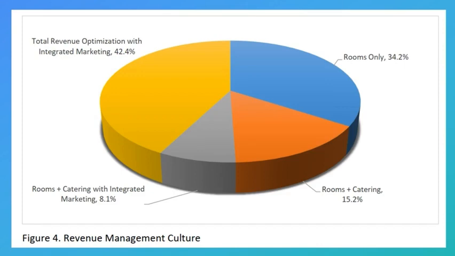They are becoming closer to each other, and we started seeing this trend even prior to COVID with this example, right? So about 8% of the respondents were doing revenue management, rooms and F&B with integrated marketing functions. And good news, about 42% of the respondents mentioned that they were doing total revenue optimization with integrated marketing.